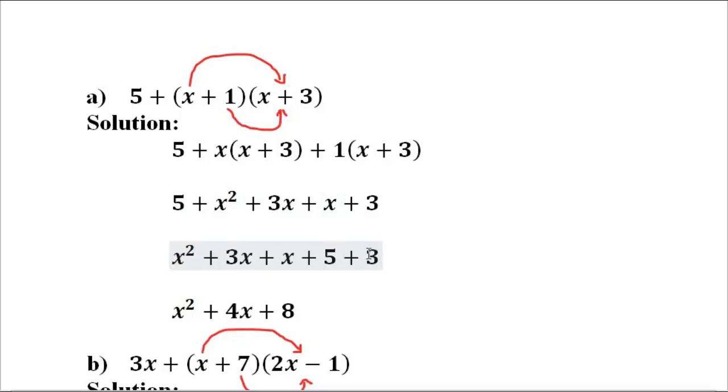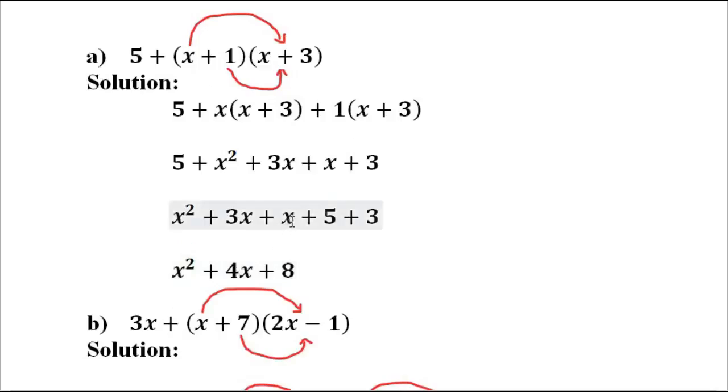Now the only like terms in this expression are 3x, x, and the constant terms 5 and 3. 3x plus x gives us 4x. 5 plus 3 gives us 8. Now x squared plus 4x plus 8 is our simplified algebraic expression because we can't add or subtract those terms.